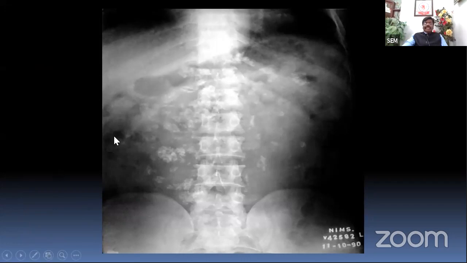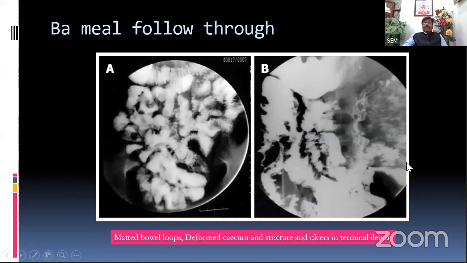Rarely you see calcified lesions in the spleen film, mesenteric lymph node. But the more important thing is, radiologically, you will be able to see the typical picture. This is what they call in exams very often, the matted loops of bowel. The bowel loops are matted together, but a very important thing is the deformed cecum, and the ileocecal valve is incompetent, so there is a reflux of the barium from here into the terminal ileum.